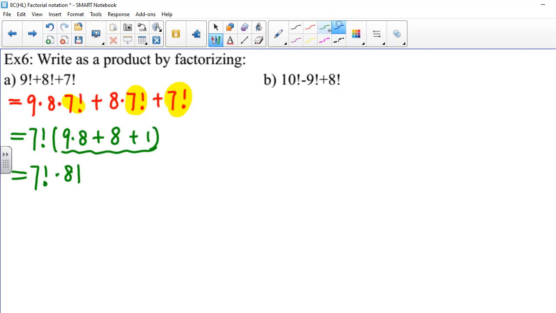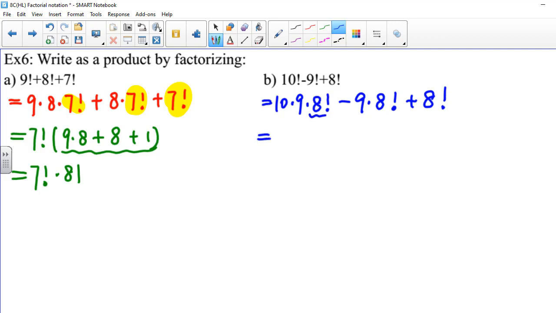Let's look at what we can do in the second one. Likewise, 10 factorial, 9 factorial, 8 factorial. We need to find the relationship among those 3 factorials. 10 factorial means 10 times 9 times 8 factorial. 9 factorial means 9 times 8 factorial plus 8 factorial.